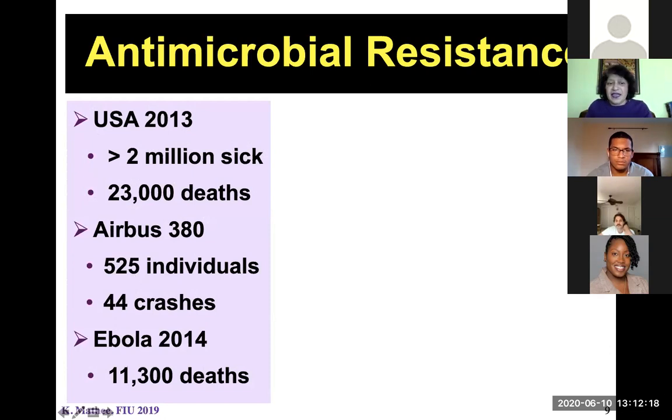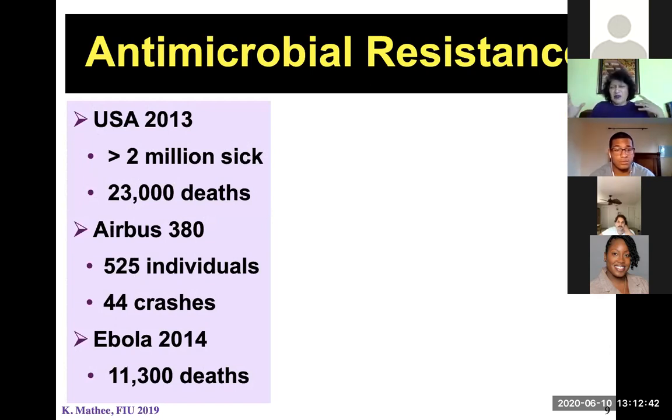So in the USA, right, this is 2013 statistics, and the update, I think, goes up by 3,000 or 4,000. More than 2 million people get sick every year, right? Of them, 23,000 people die from antibiotic-resistant infection, okay?